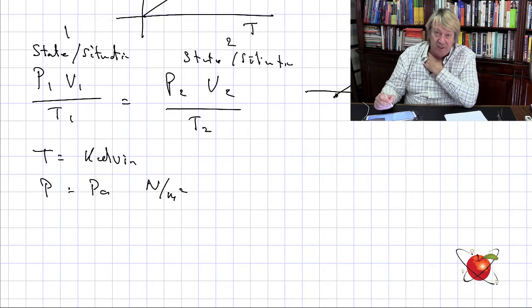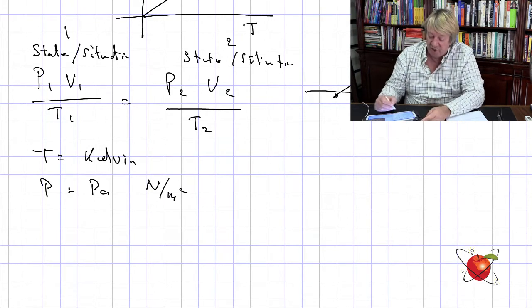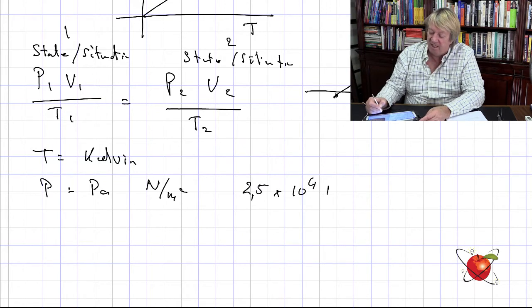Be very careful here, because very often the pressure is given as 2.5 times 10 to the 4 Pascal, so it's not 2.5, it's 2.5 times 10 to the 4.